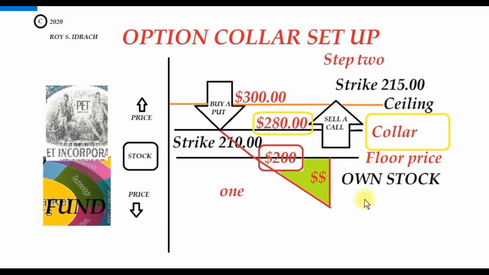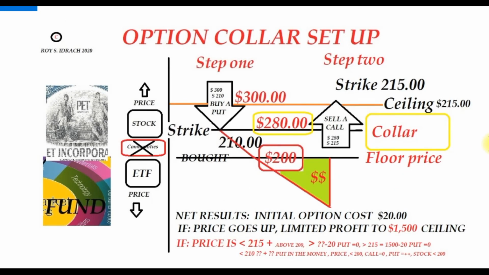In order to do this, you have to own the stock, and this is actually what happened here. So let's look at the complete result. How many things can happen in here? The option collar setup. On step 1, you bought a put. On step 2, you sold a call, and the difference was $20.